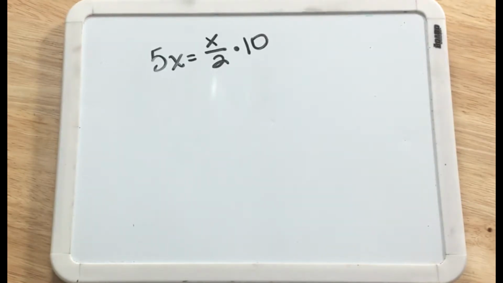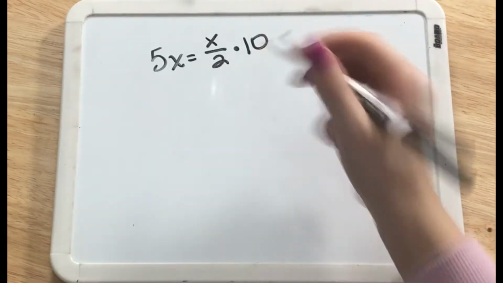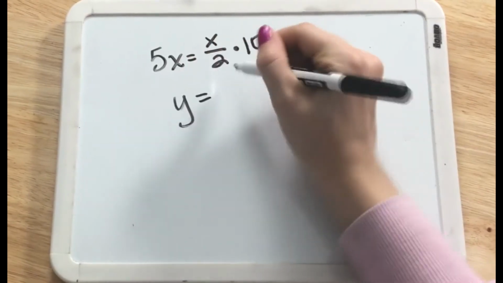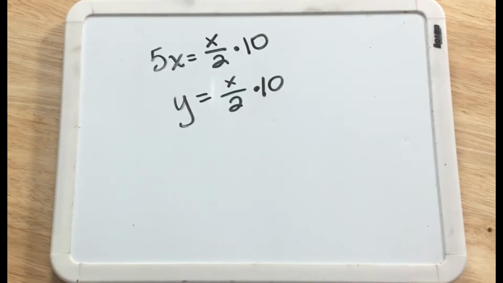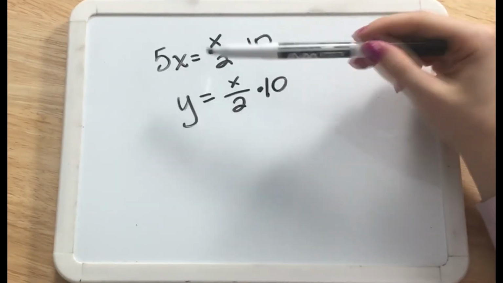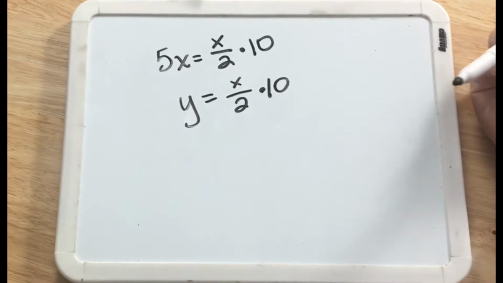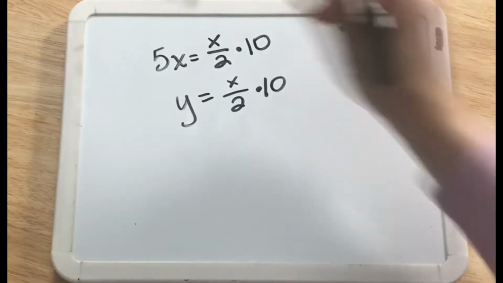There's also another way you can write this. Instead of 5x, you can put y instead, and you'll just have to know that y is 5 times whatever your number is. But sometimes it's easier to just use x's instead of x's and y's for some people. So whatever you're more comfortable with, that's how you would do it.